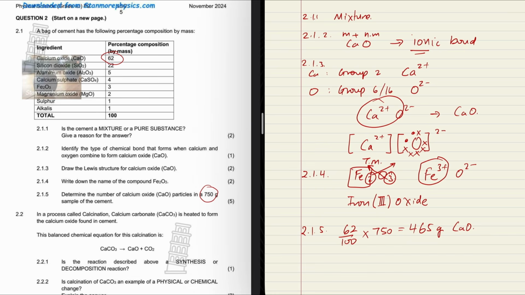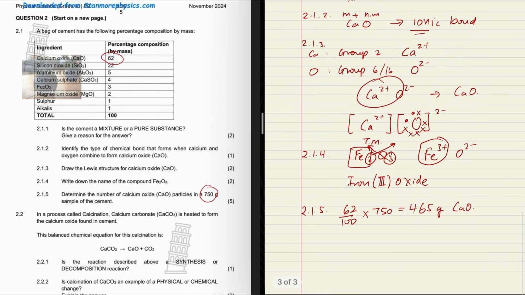Now from here I can calculate the number of moles. So the number of moles here is going to equal the mass divided by the molar mass. Now the mass is 465, and the molar mass of calcium oxide we get from the periodic table. So calcium has a mass of 40 and oxygen is 16. So 465 divided by 56 is going to be 8,3 moles of calcium oxide.